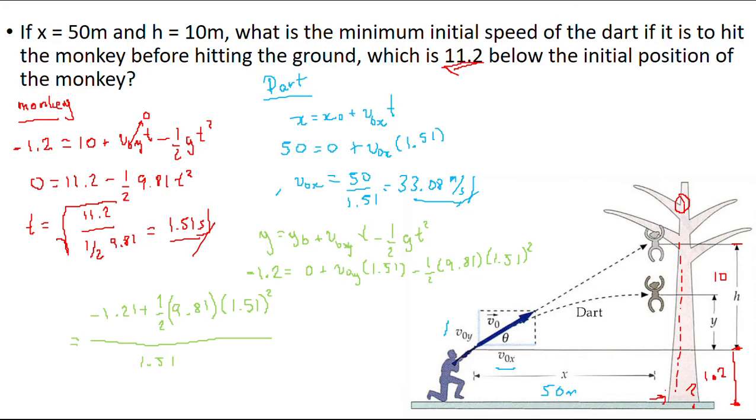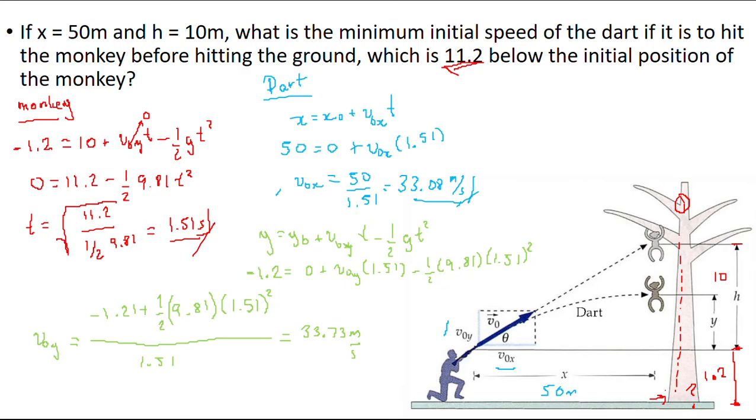This is going to be the initial velocity in y, and this thing is going to be 6.61 meters per second.